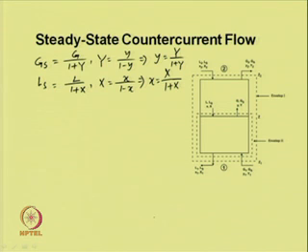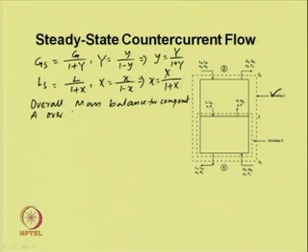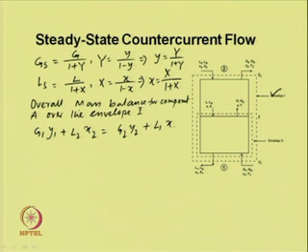The overall mass balance, if we consider the envelope 1, the overall balance over the equipment, which is envelope 1, for a particular component A over the envelope 1, we can write G1 small y1 plus L2 x2, which is in, is equal to G2 y2 plus L1 x1.